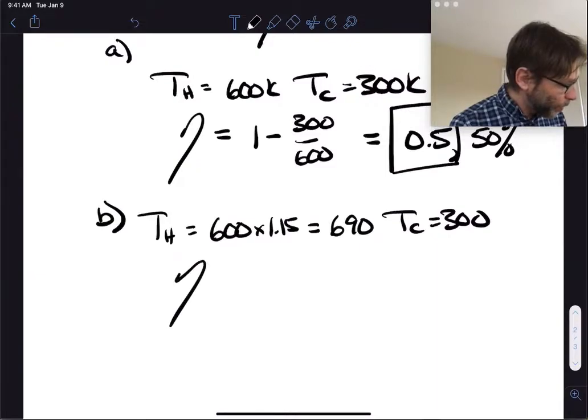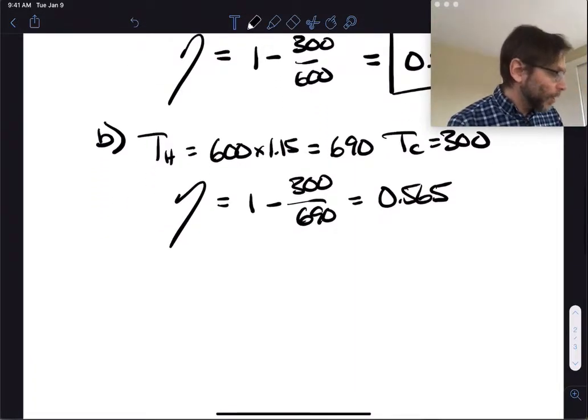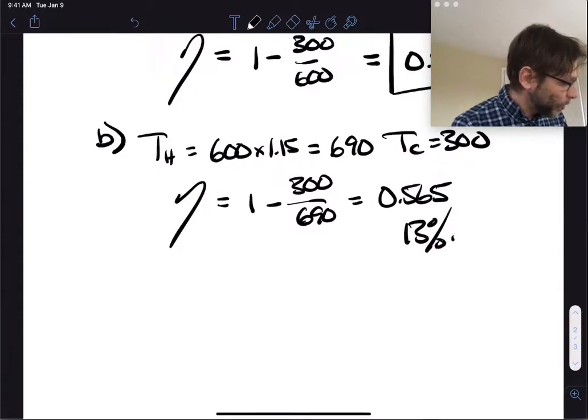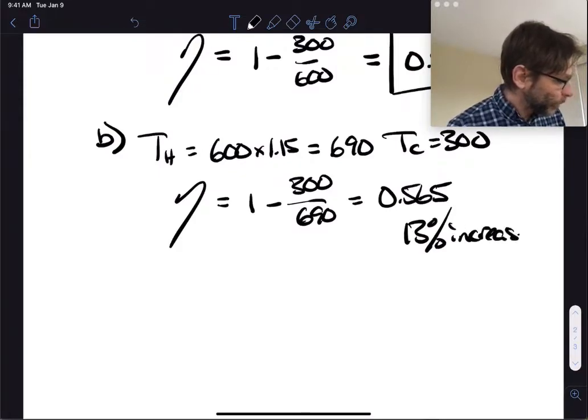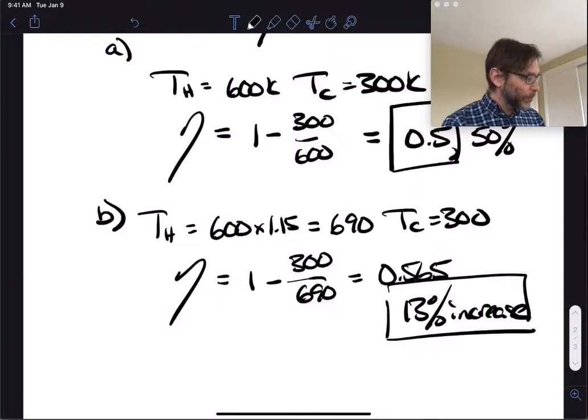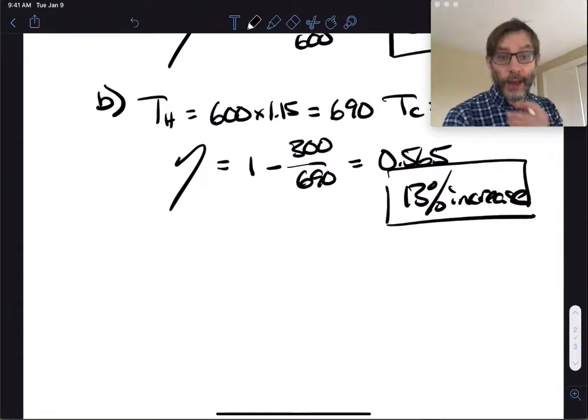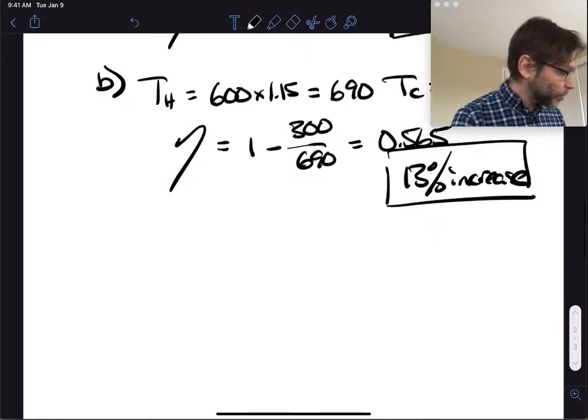And we have thermal efficiency equals 1 minus 300 divided by 690, which ends up giving you 0.565 or 56.5%. And it's a 13% increase. So you increase the temperature by a little bit, to 690, about 90 degrees C, and you can really get a significantly higher ideal Carnot cycle efficiency.